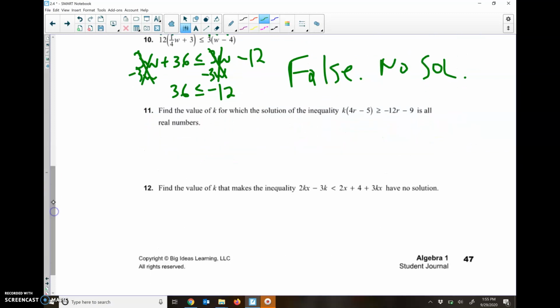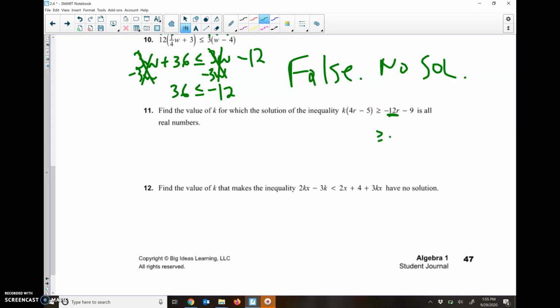All right, 11. You had one of these on your test last time. So find the value for k for which a solution of the inequality is all real numbers. All right, so here, let's figure out what k needs to be to make it all real numbers. Okay, this one's going to be kind of tough because I got that k on the outside. But remember, we're kind of looking for 12 r's on both sides.